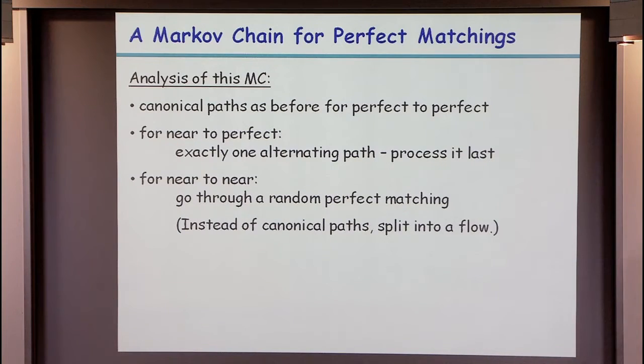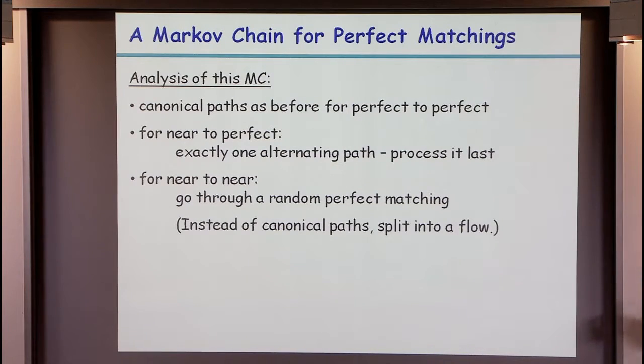But now this is the time when I'm going to introduce this idea of a canonical flow instead of a canonical path. So a canonical path is supposed to be a path from an initial state to a final state. But I don't really need it to be a path for the arguments to go through. This path is completely okay if it splits, as long as the total mass that it sends from the initial to the final is pi I times pi f.